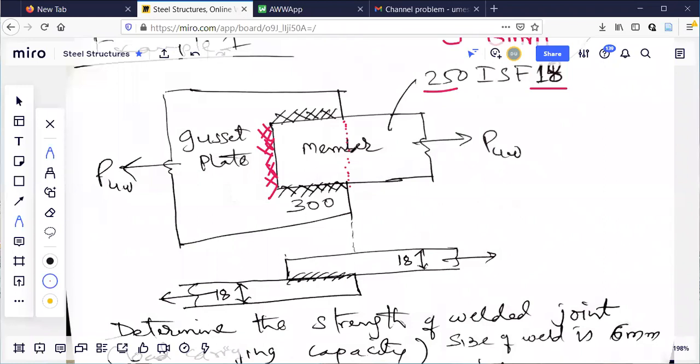Here it is symmetrical. This is the centroid of the plate here, centroid line of the plate. Centroid of the plate or the member should coincide with centroid of the welds.